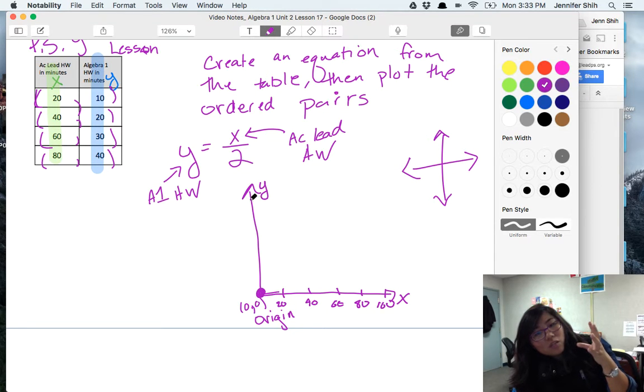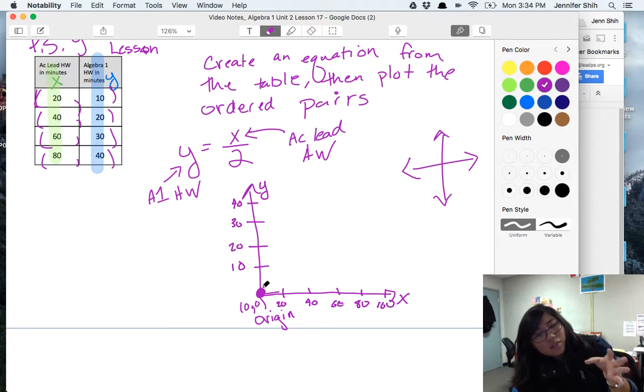I'm also going to do the same thing for y. Say this is my highest value of y, 40. In between here, I'm spacing it out evenly: 1, 2, 3, 4. So I'll call this 10, 20, 30, and 40.